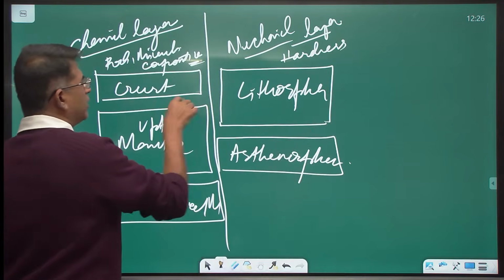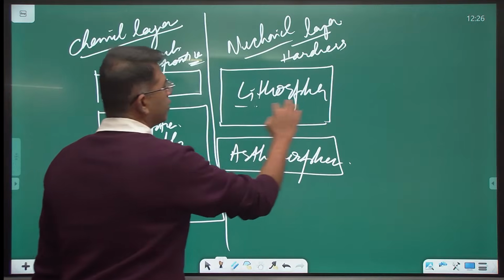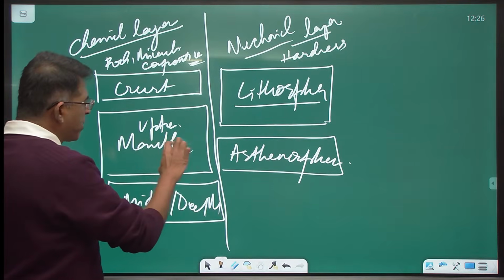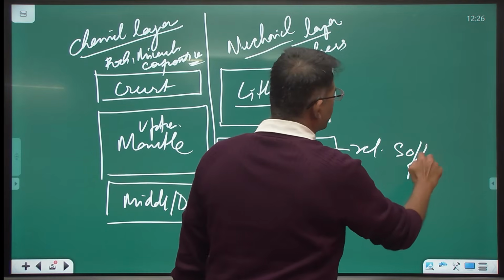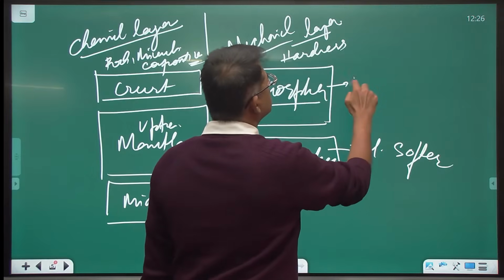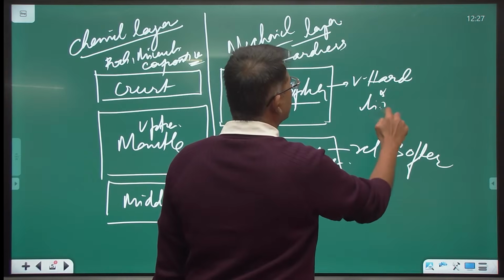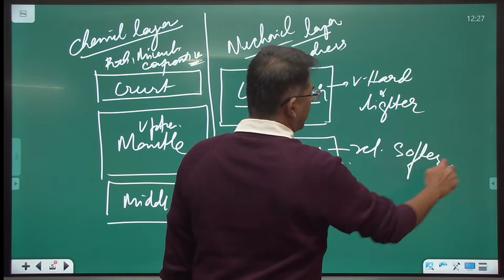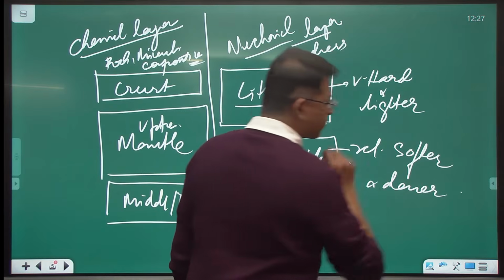Okay, so these two together become one hard layer. And the lower part of upper mantle is called asthenosphere. This is relatively softer. This is very hard and it is lighter. This is softer, and this is denser.